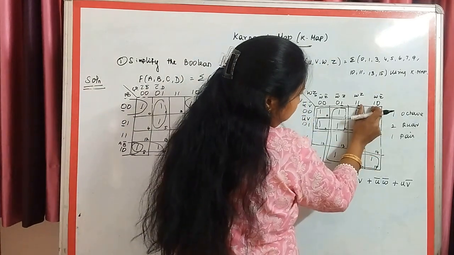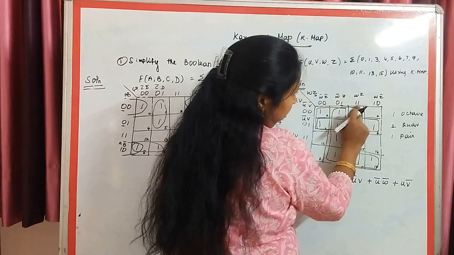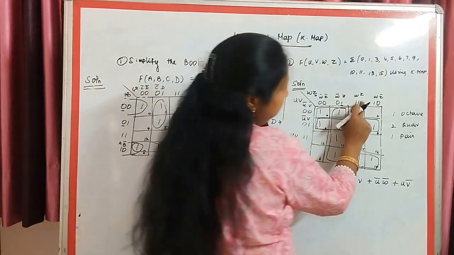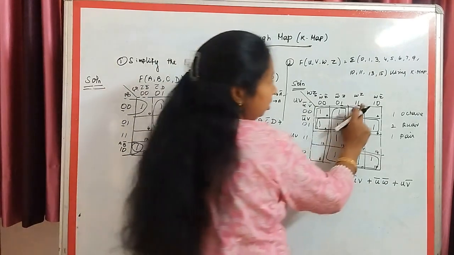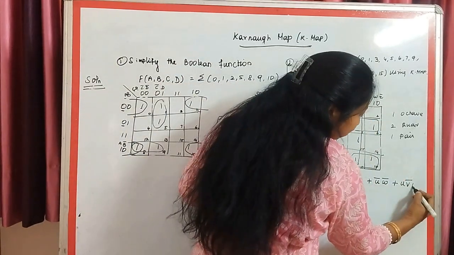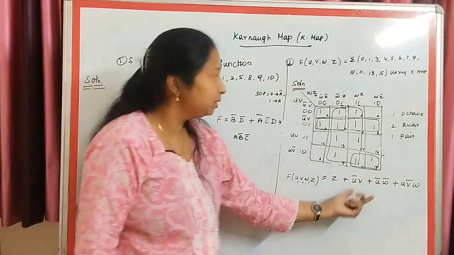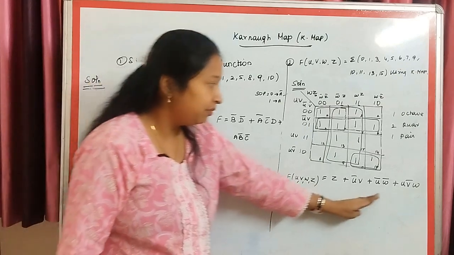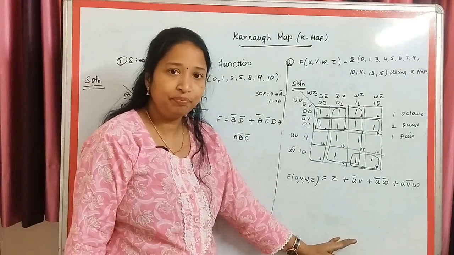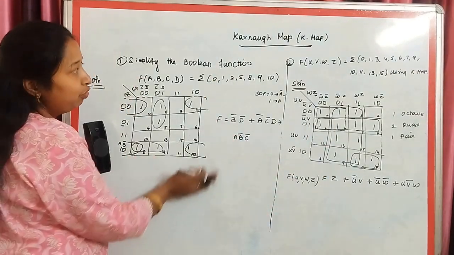So check horizontally, which is common: W, W. Only the first element is common. For the second element, it is Z and Z bar. It is different, right? So we cannot include this. We have to include only the first element, which is W. And this is the final expression for the given Boolean function. Is it clear how to write the simplified Boolean expression based on the Karnaugh map? Fine. This is how you will be doing it for an SOP.